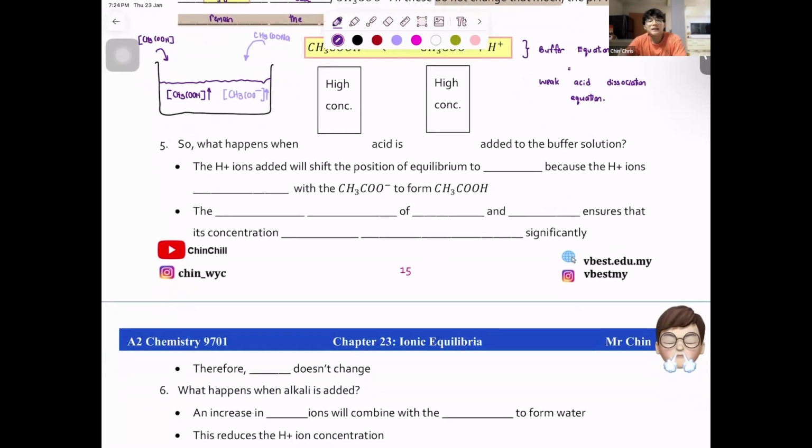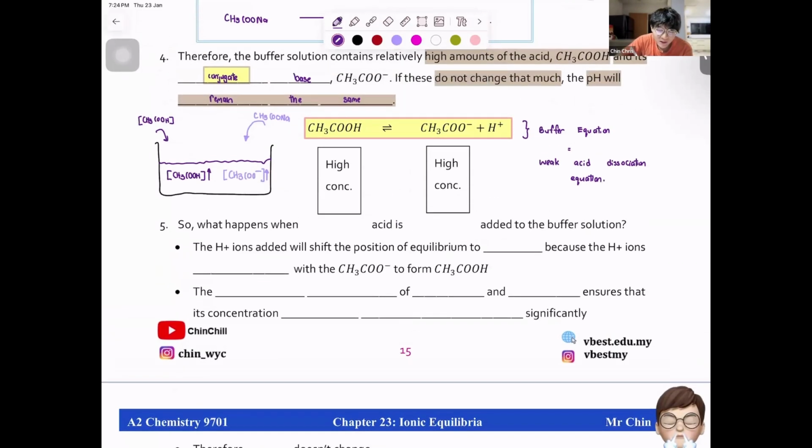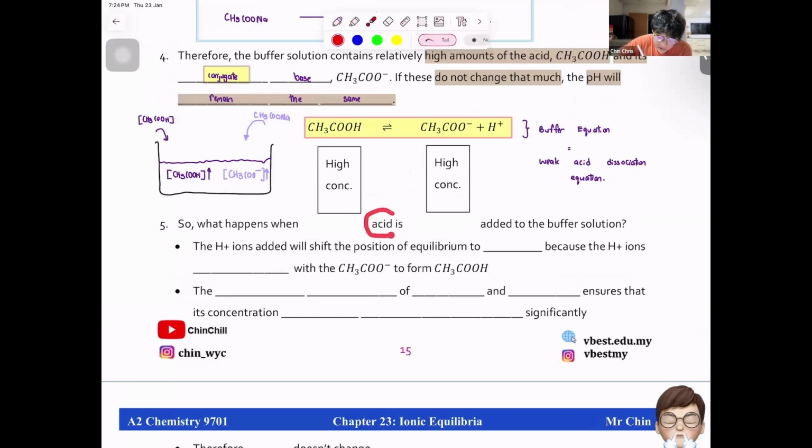Now, guys, what happens when acid is added into a buffer solution? When you add an acid, the concentration of H+ in the solution increases. The additional H+ is removed by CH3COO-, forming CH3COOH.